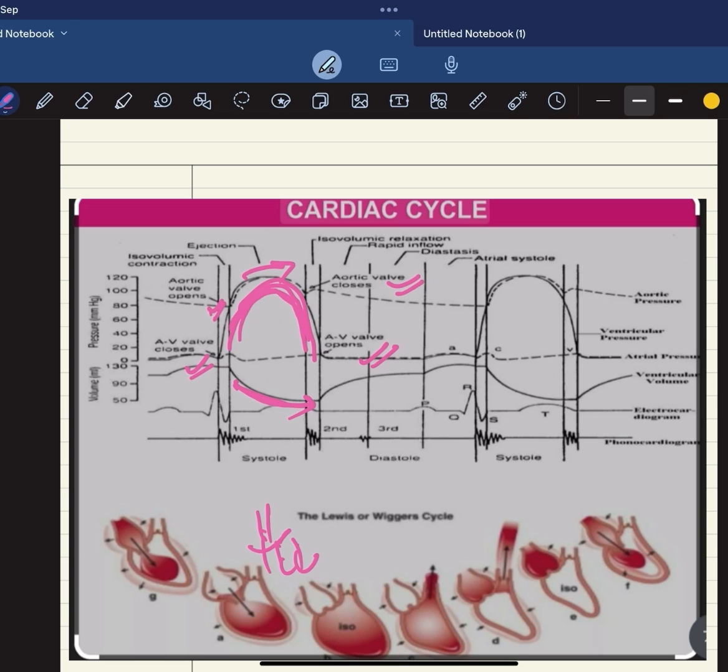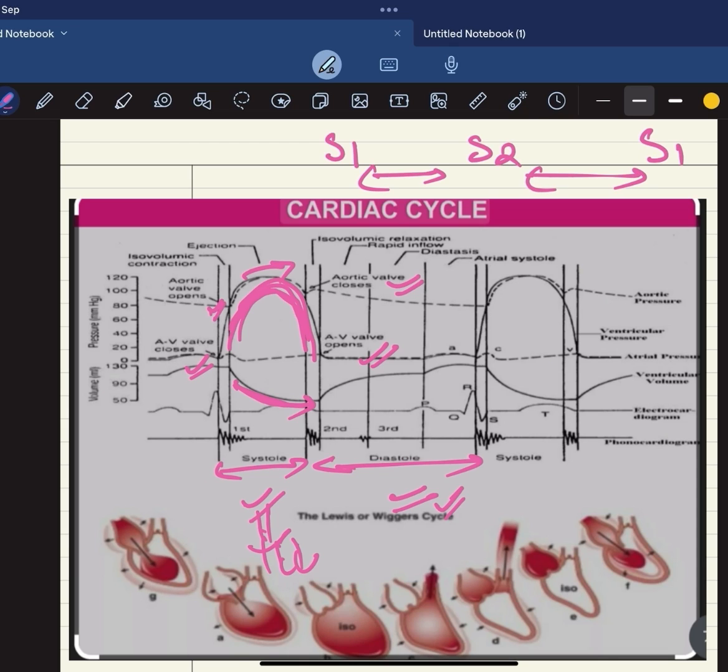Here we can see this is the systole and this is the diastole. The diastole is for more amount of time in the cardiac cycle, and this is the systolic part of the cardiac cycle. Now the systole is from S1 to S2, and from S2 to S1 is the diastole.